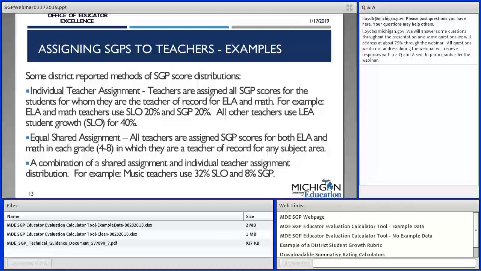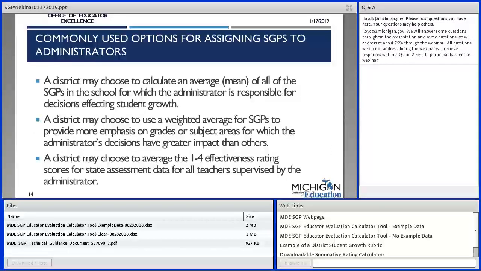There's no research to indicate that, but the growth that students make in fourth grade is just not indicative of the growth that is made in second grade or third grade or first grade or kindergarten. So this is why, there's a number of different reasons why MDE has provided the recommendation for grades 4 through 8 in ELA and math, and that is another reason I do want to caution districts against assigning SGPs to earlier grades than fourth grade, because they are not indicative of the growth that the teachers made during those years. Hopefully that does make sense.